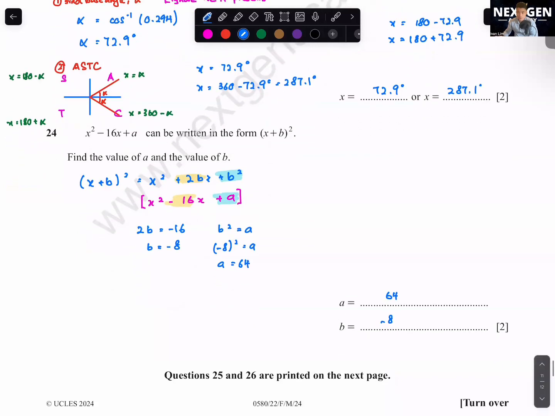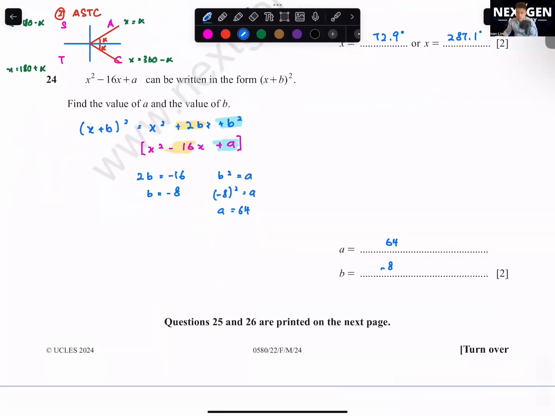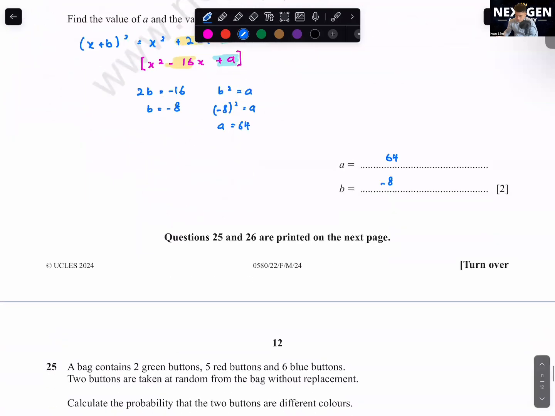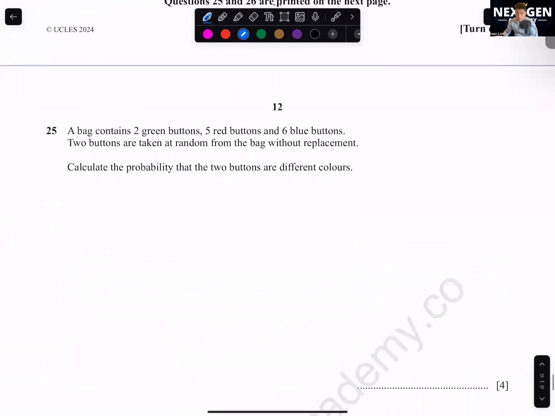Next one. You can use a different way but same answer, b squared minus 4ac, or completing the square. Whichever way that is easy for you. Just compare it.